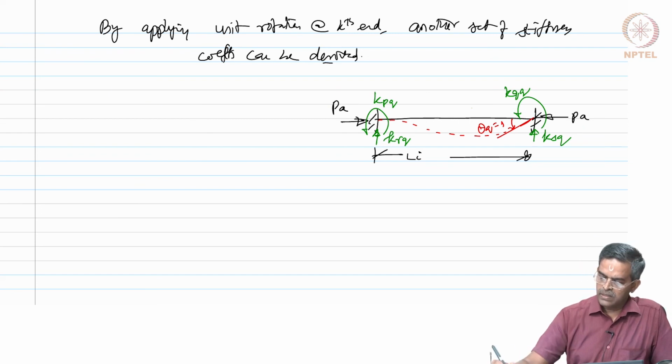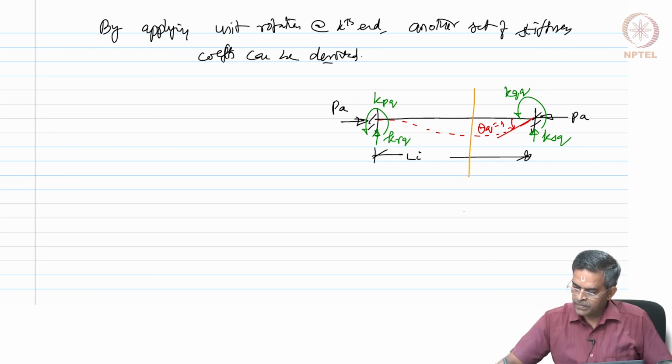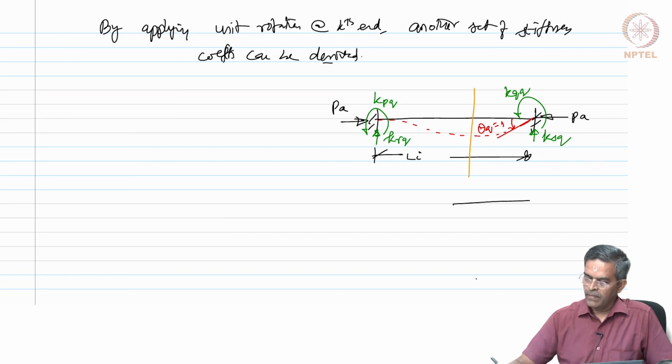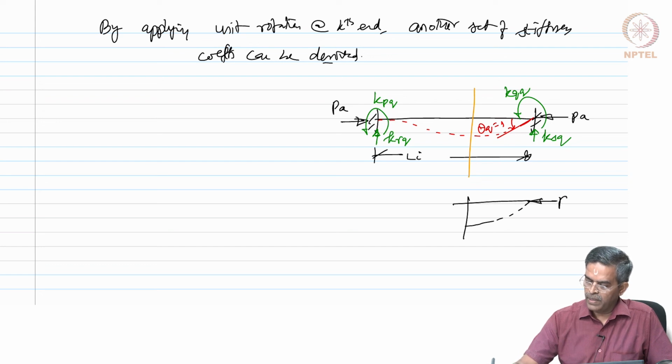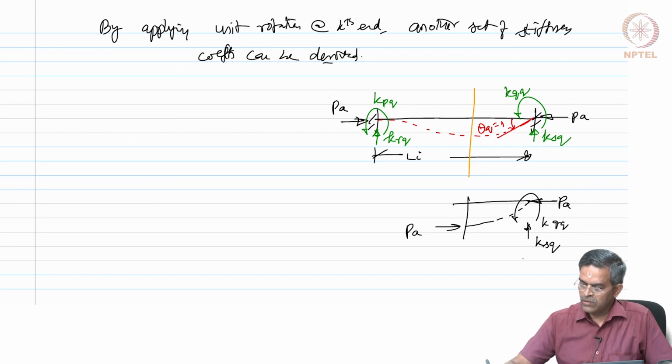So, I can again cut a section here and draw the free body diagram. P is applied here and P is reciprocated here, and there is a moment KQQ and there is force KSQ, which is actually equal to minus of KPQ plus KRQ or KQQ by Li.